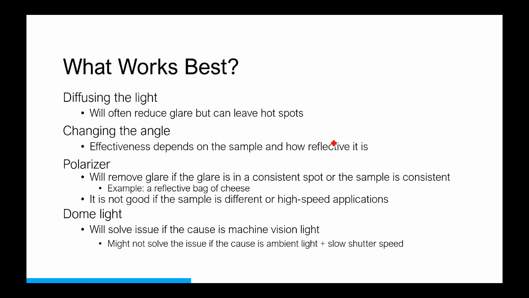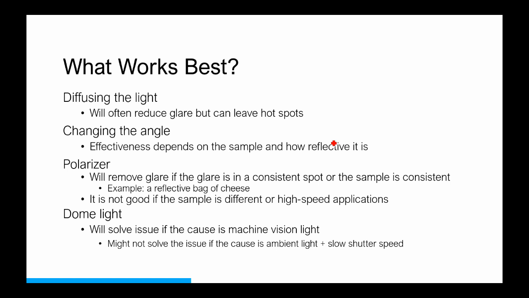But if it's packaging where one could be pressed one way in one sample and then the next sample comes down, it's pressed a different way, then that might not work as well. A polarizer is great because it will remove glare, especially if it's in a consistent spot or the sample is consistent. But it's not great if the sample is different or for high-speed applications where you need a little bit more light.